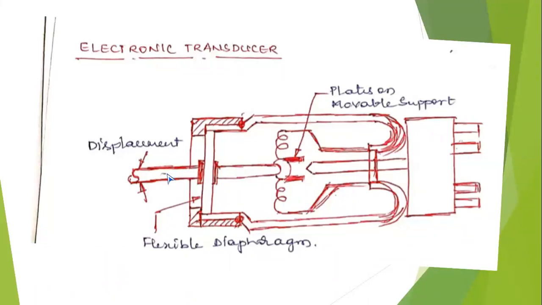This is the plunger, and the plunger is fixed to the flexible diaphragm. The other end of the plunger, just like an X joint, is connected to the tungsten filament.